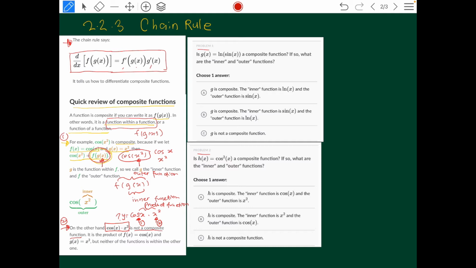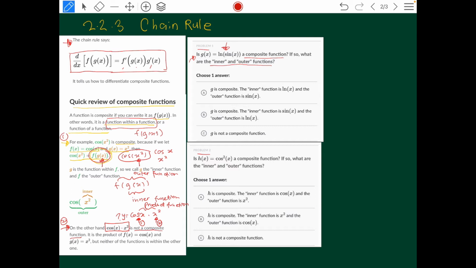For example, in problem 1, is g(x) equals ln sin x a composite function? If so, what are the inner and outer functions? In your opinion, is this function a composite function? Look carefully, does it have inner and outer functions?